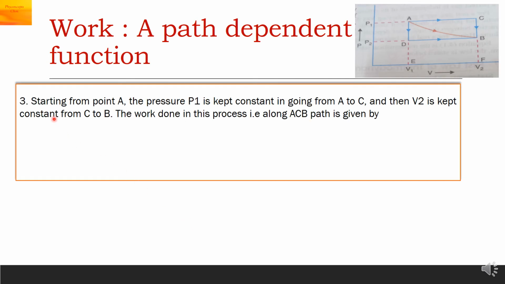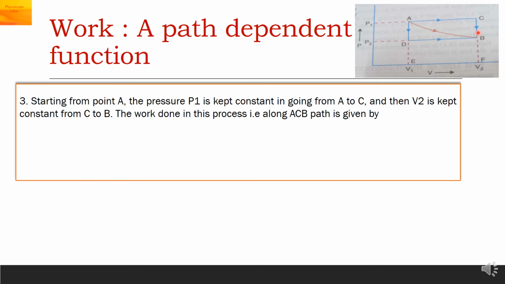Now again we will see for the third path. We will again start from point A. So that is this path here. The pressure is kept constant. P1 is kept constant when you go from state A to state C. And then along CB, the volume V2 is kept constant. So along this path, the work done is 0 as the volume is remaining constant.